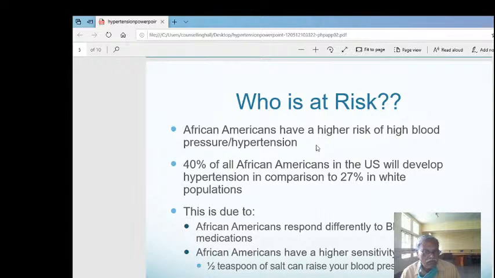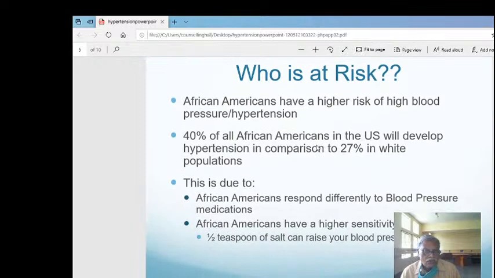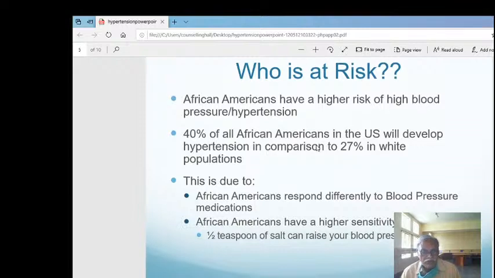They have more predilection to essential hypertension than the US whites. This is because African Americans respond differently to blood pressure medication. African Americans have a higher sensitivity to salt. So even up to a teaspoon of salt can raise the blood pressure by 5 millimeters of mercury.